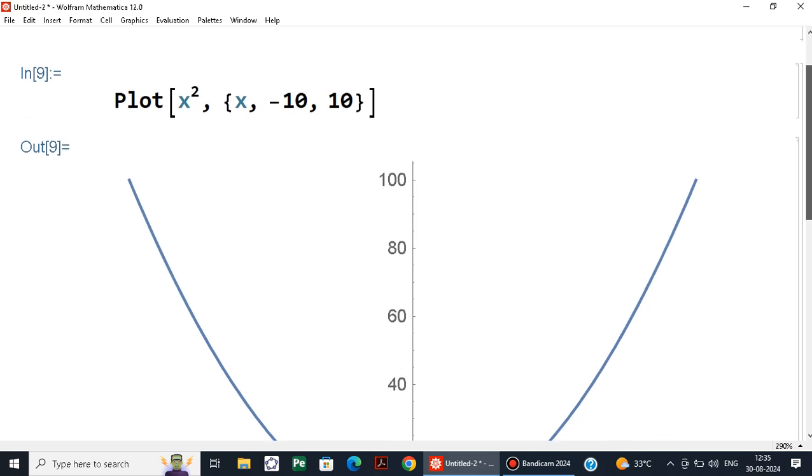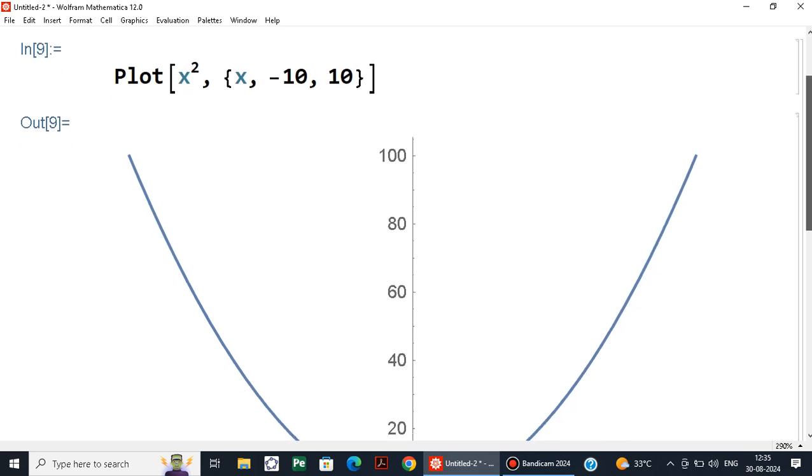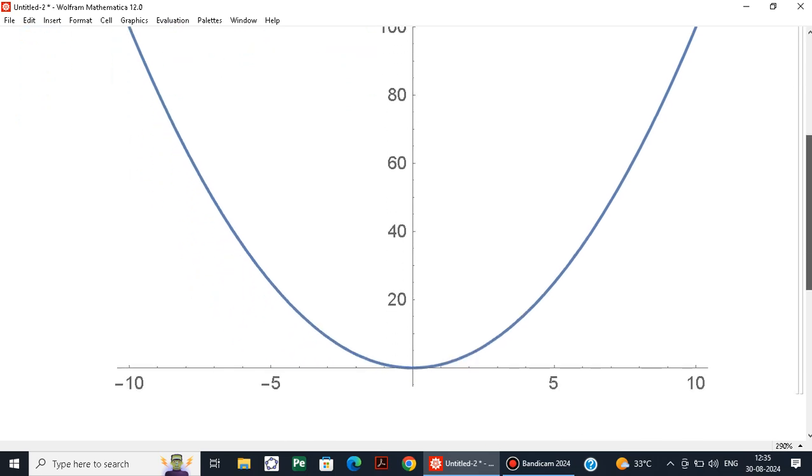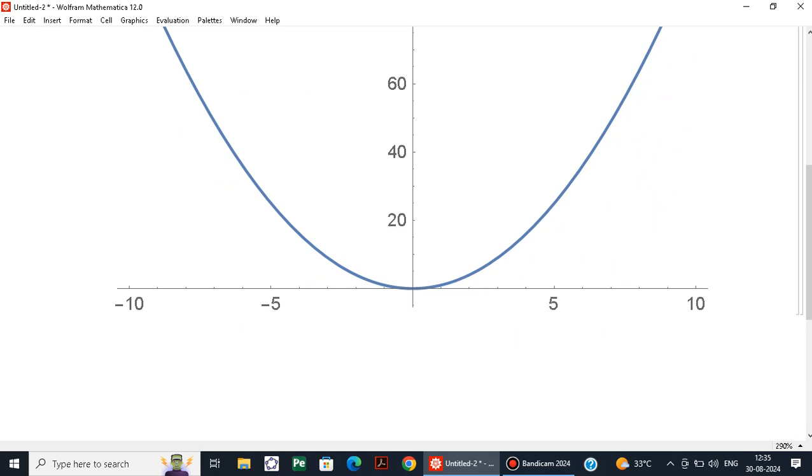First, understand what is the minimum value that our graph shows on the x-axis. It will be minus 10. You can see this point.